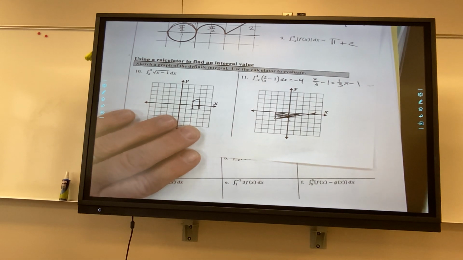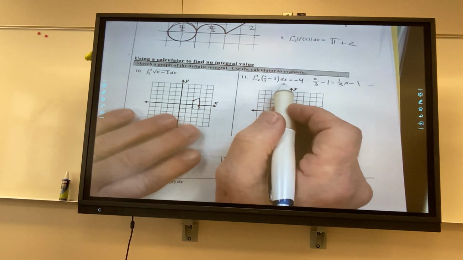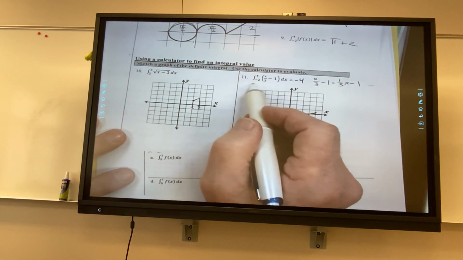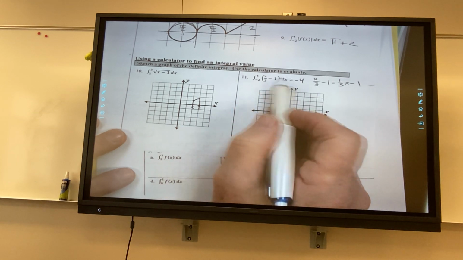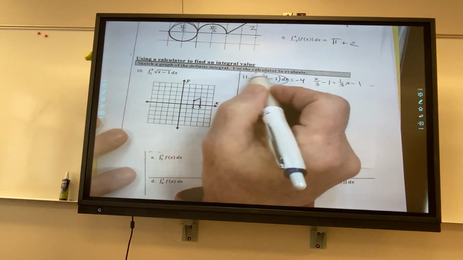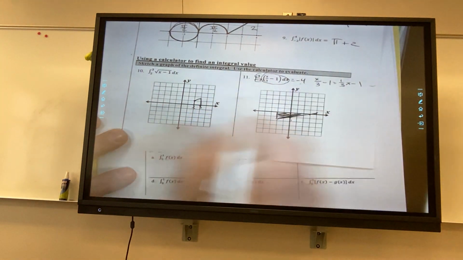Now, it'll say a calculator should be used, and right away, you'll wanna put that into Y1. Does everybody understand that? This would be 3 points. You would get a point for this part of your graph, a point for this part of your graph, and a point for the answer.